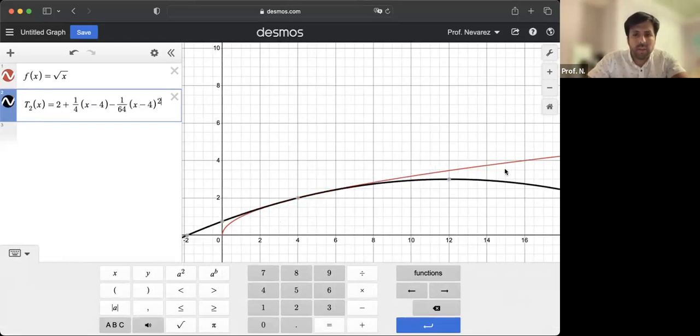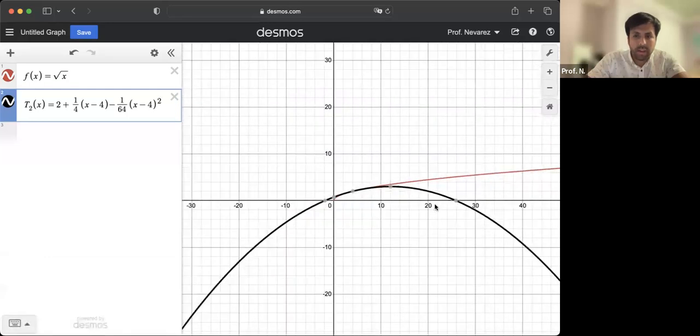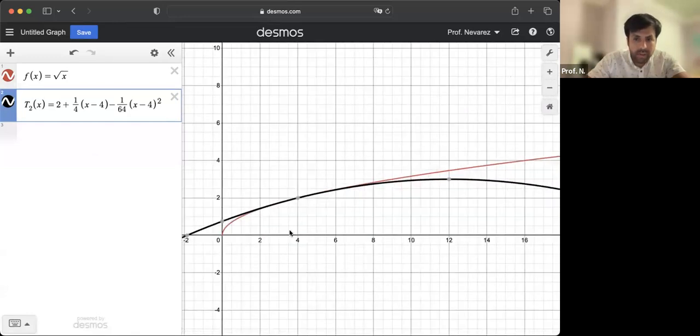Now, do you see what's happening? The polynomial that we have, the black graph, is representing the second degree Taylor polynomial of the function centered around the x value being equal to 4.